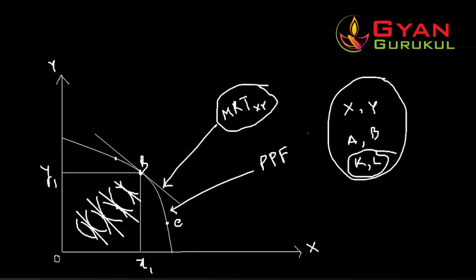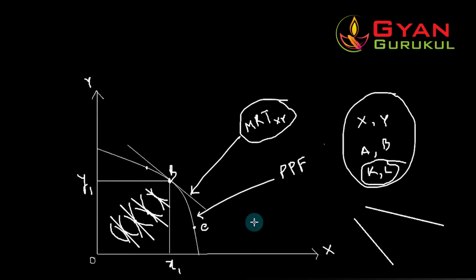In this way we will get slopes of various dimensions. Some slopes may be flat, some more steep. So at all the points where the indifference curves of consumer A and consumer B are tangent to each other, we will draw a straight line and see what the slope is at that particular point.